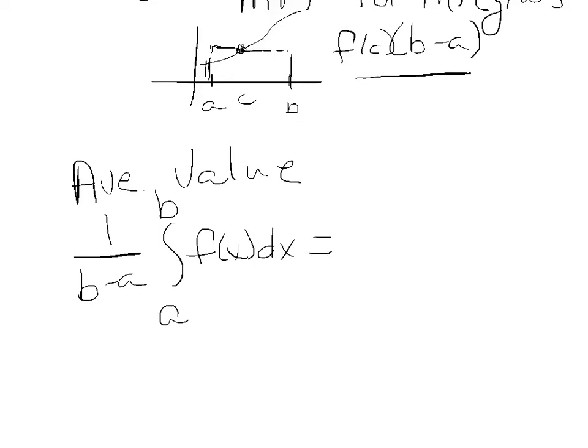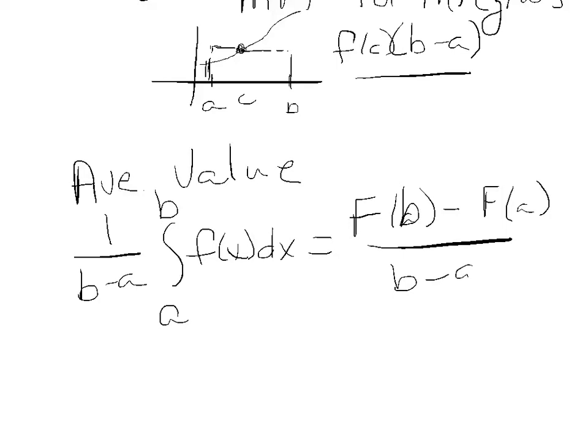And so this is going to actually be equal to F of b minus F of a over b minus a. It looks a little familiar. The top part is the fundamental theorem of calculus.